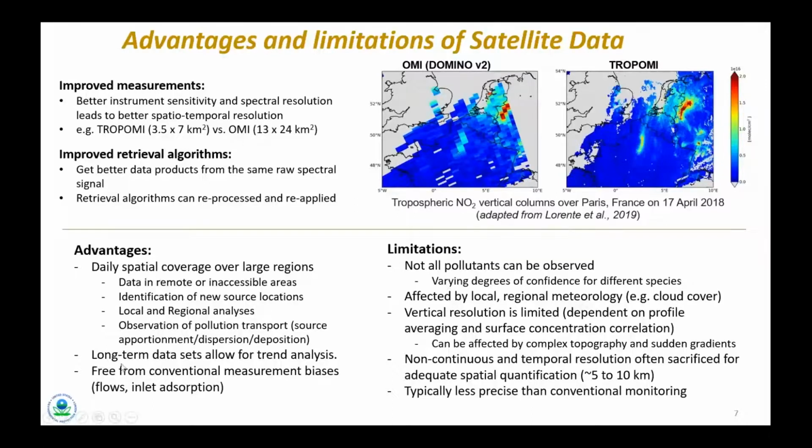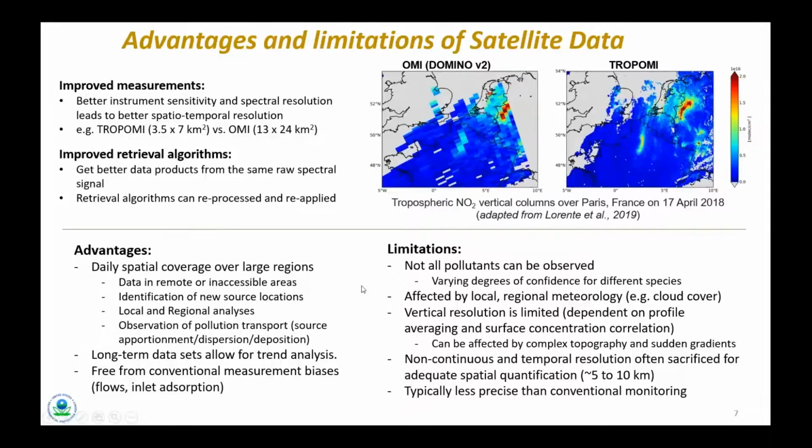Also, these instruments are in orbit for long periods of time, usually on the order of decades, so this is really good for trends analysis. Also, conventional measurements are subject to their own uncertainties and biases, but with satellites you don't have things like flow problems or inlet absorption.